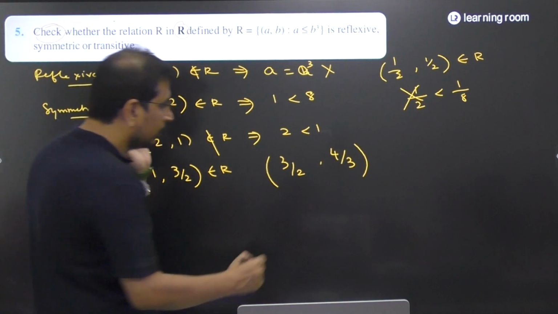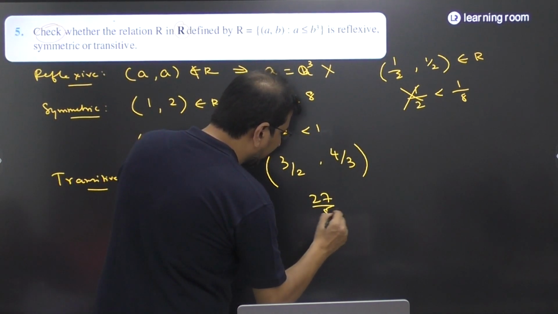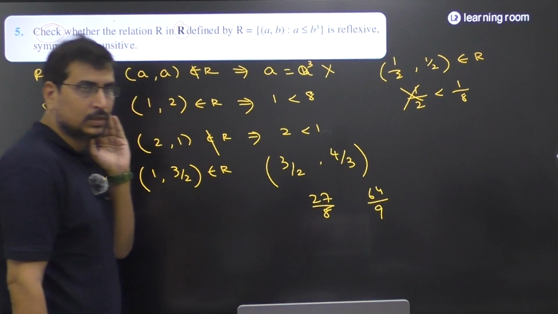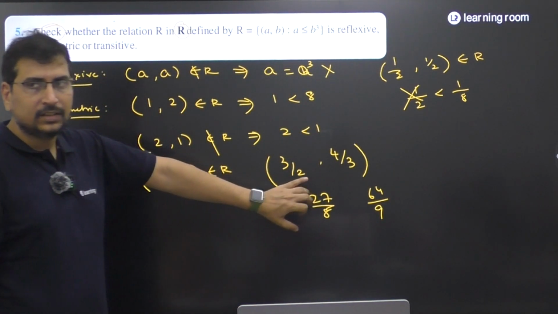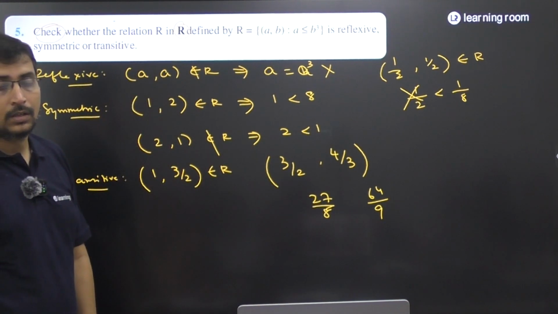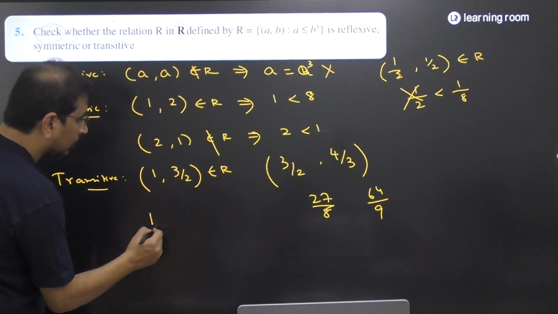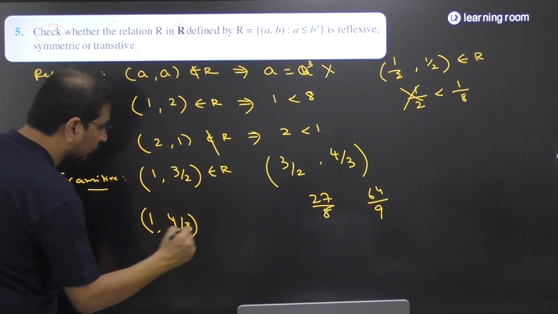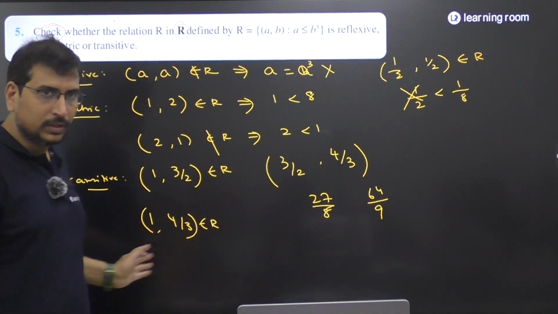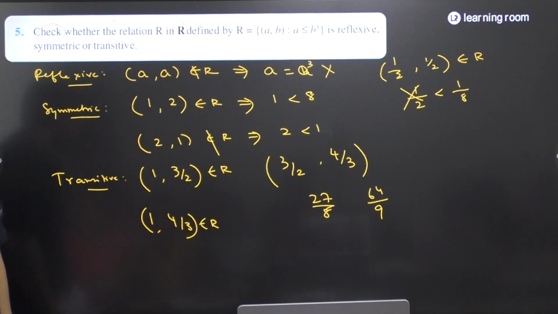Is it satisfying? 27 by 8, and here you are getting 64 by 9. 27 by 8 is 3 point something, 64 by 9 is 7 point something. So (1, 4 by 3) also belongs to R, since 1 is less than 7 point something. That should not happen. Got it?